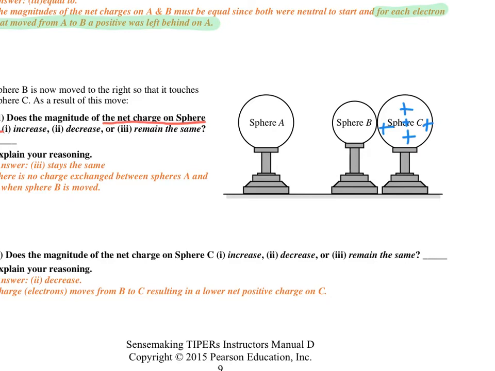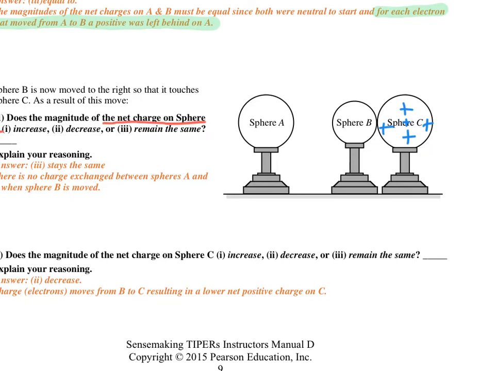So that means that there's free electrons. And if you put something that has one or more electrons in contact with something that's positively charged, one or more electrons are going to move onto the thing that's positively charged, because those electrons badly want to hook up with a proton. Okay?